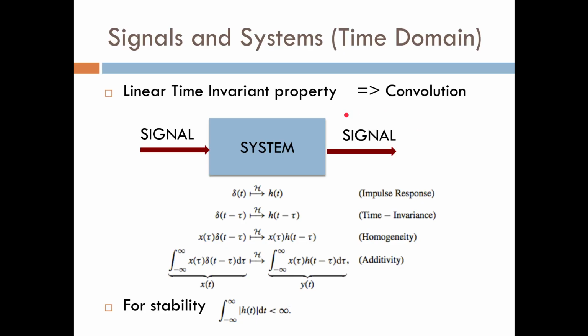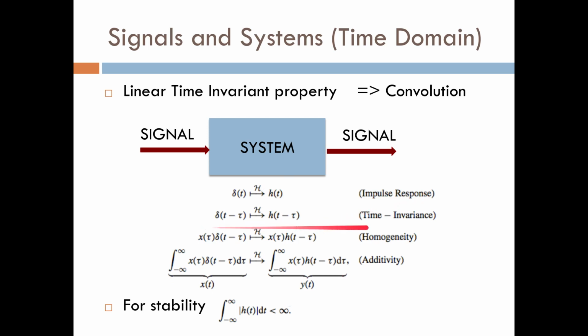Now there are a certain set of systems which are known as LTI, or linear time invariant systems. Let's see a few properties of such LTI systems. When we pass delta of t through the system, we get a signal h of t. This is known as the impulse response of the system.